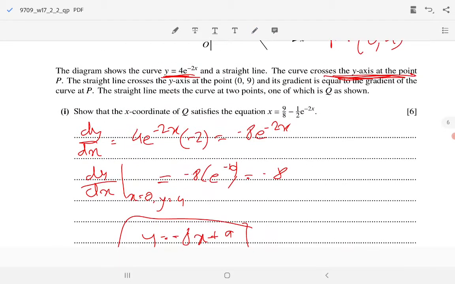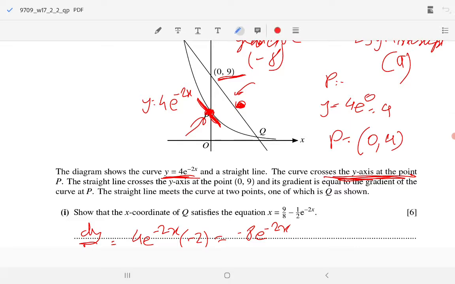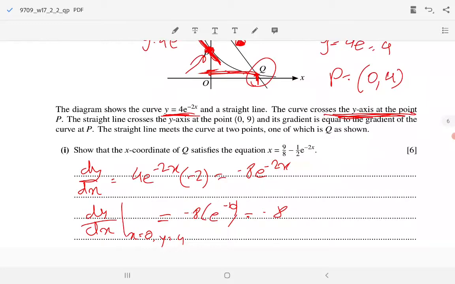Then what we want to do is find the coordinates of Q. Q is actually the point where the curve and the line meet, so the point of intersection, which is found by equating the values of y, because at this point they have the same y and x values, correct? Both the line and the curve have the same y and x values, so we can just equate them.